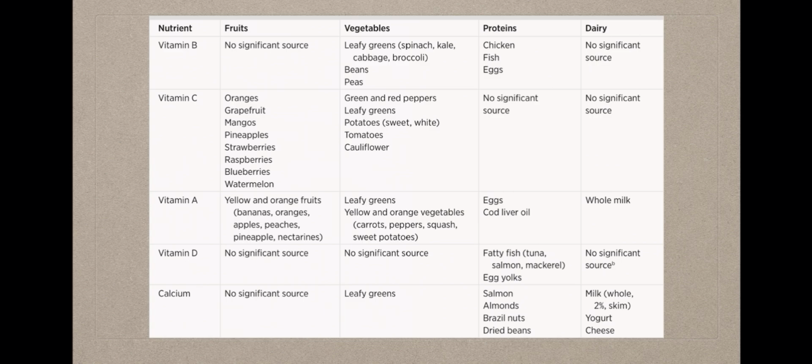Vitamin A has a major source from yellow and orange fruits and also yellow and orange vegetables. For vitamin D, the major proteinaceous sources are fatty fish and egg yolk, and calcium is mainly derived from dairy products like milk, yogurt, and cheese.